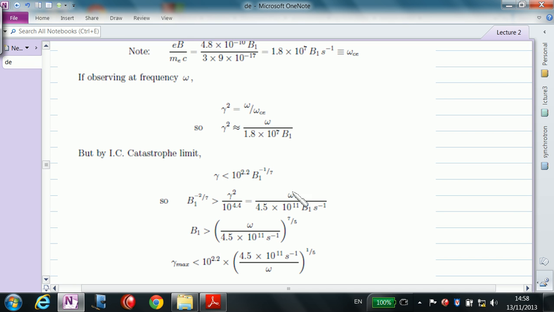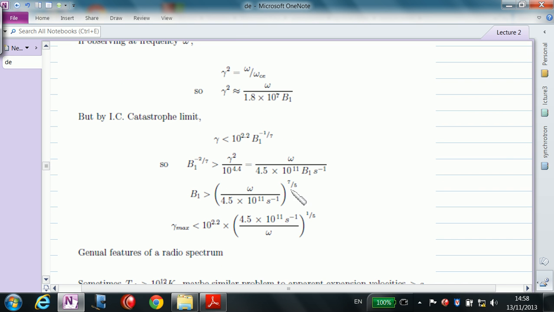So I can replace this B to the 1/7 with an omega, and I get that gamma max is less than this. Now, if I'm observing at radio frequencies that are not much different from 10 to the 11th, maybe a gigahertz would be 6 times 10 to the 9th.